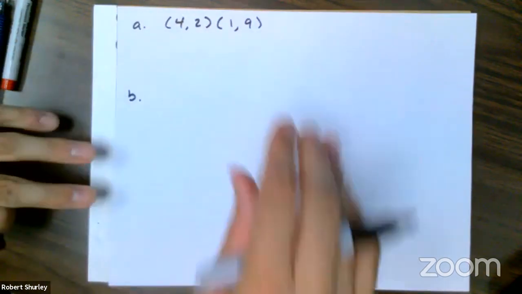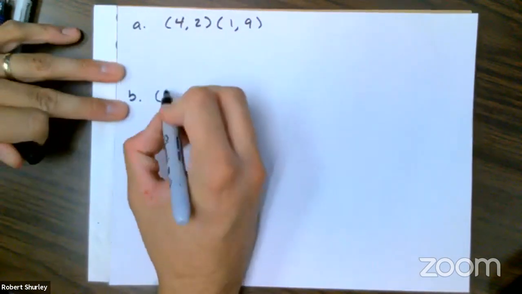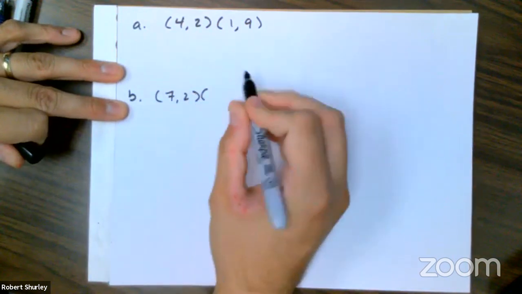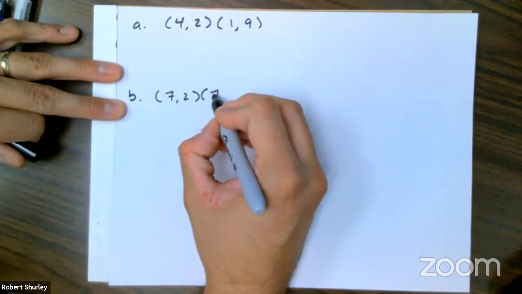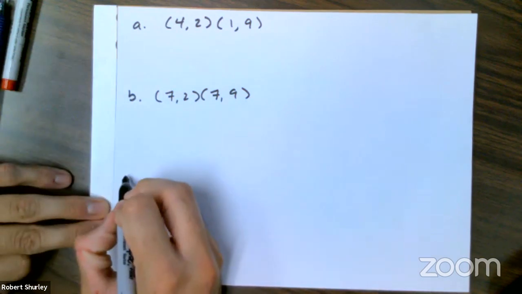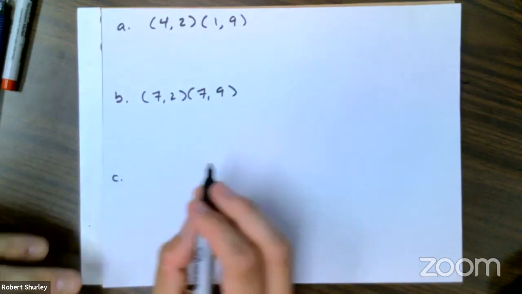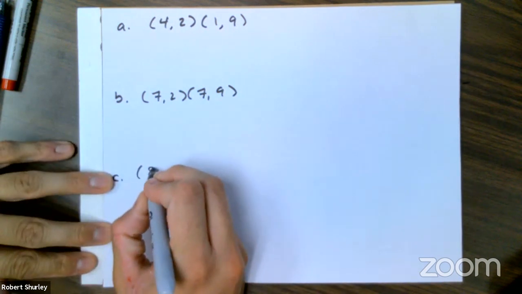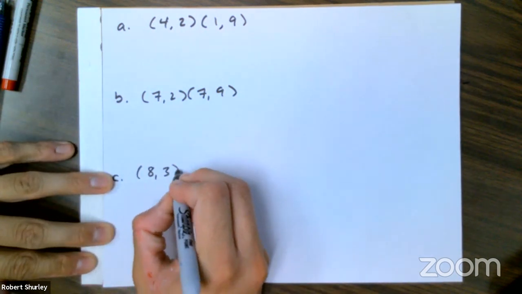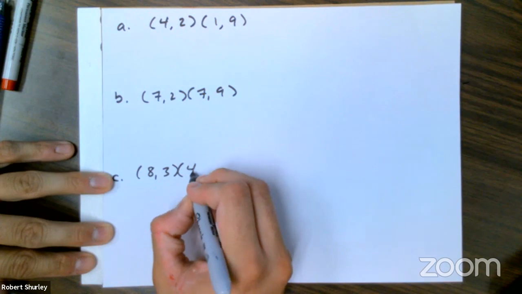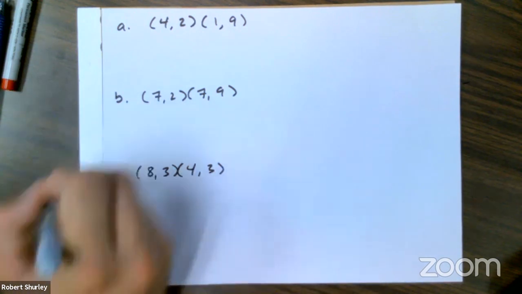B, totally separate line. All I want you to do for these is find the slopes. 7, 2, and then let's do 7, 9. C, let's say we flip that. Let's say we've got 8, 3, and 4, 3. So I want you to try those 3.